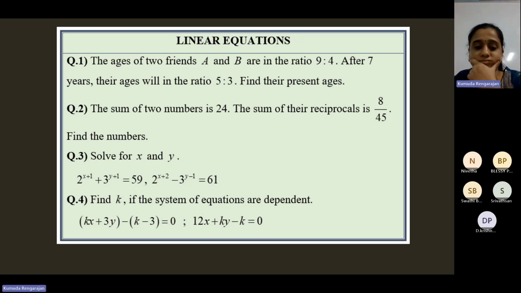Finished? So what's the value of K? 6. Plus or minus 6? Then I think you worked only one. How many cases you worked? 2.